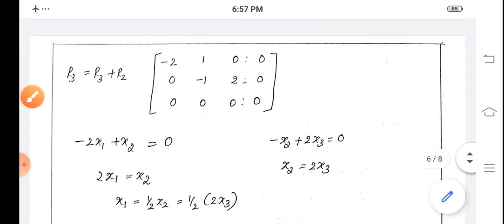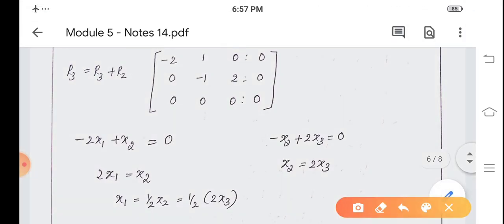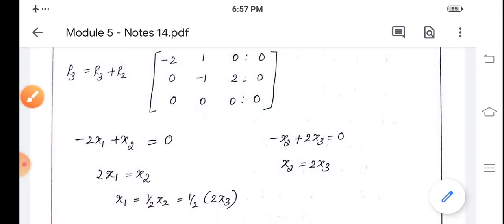So it is reduced to echelon form, and here the pivot elements are minus 2 and minus 1. Since minus 2 and minus 1 are the pivot elements, x1 and x2 are the pivot variables. x3 is a free variable. We write the equations for x1 and x2 in terms of x3.